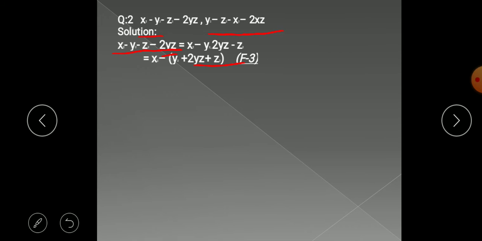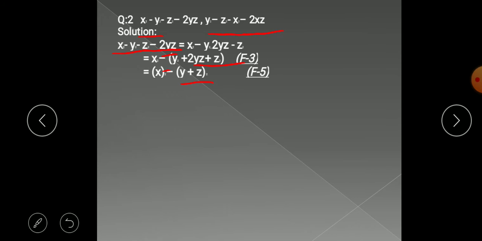I have taken the minus common, and then y square plus 2yz plus z square I have transformed according to formula number 3, which gives y plus z whole square.